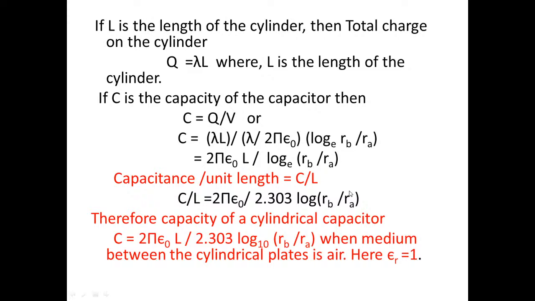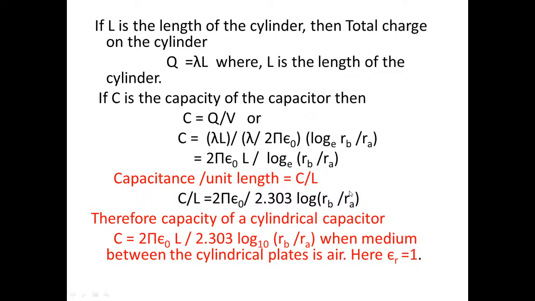So, it will be equal to 2 pi epsilon naught L upon log of RB upon RA to the base e. Just converting it from the natural log to the base 10, this C by L will be equal to 2 pi epsilon naught upon 2.303 log to the base 10 RB upon RA.